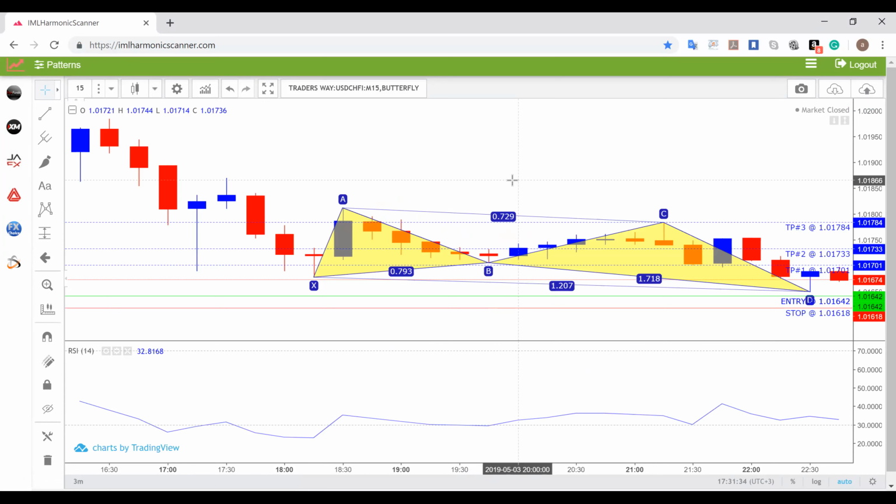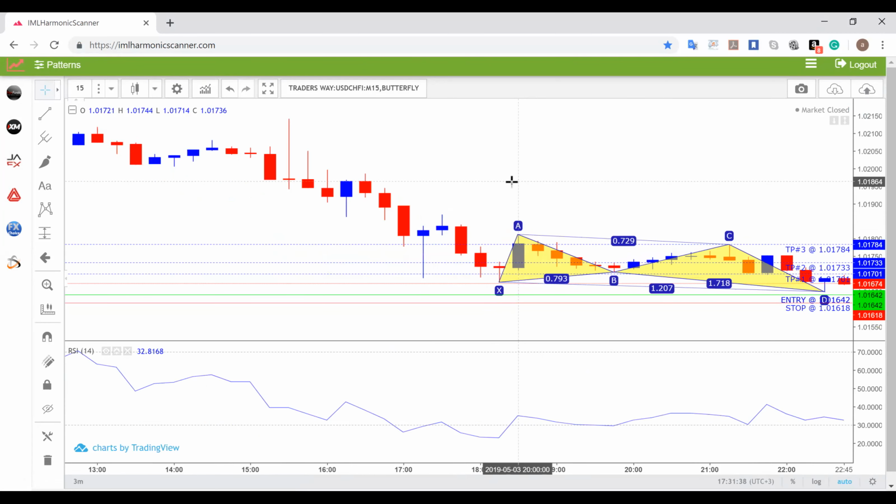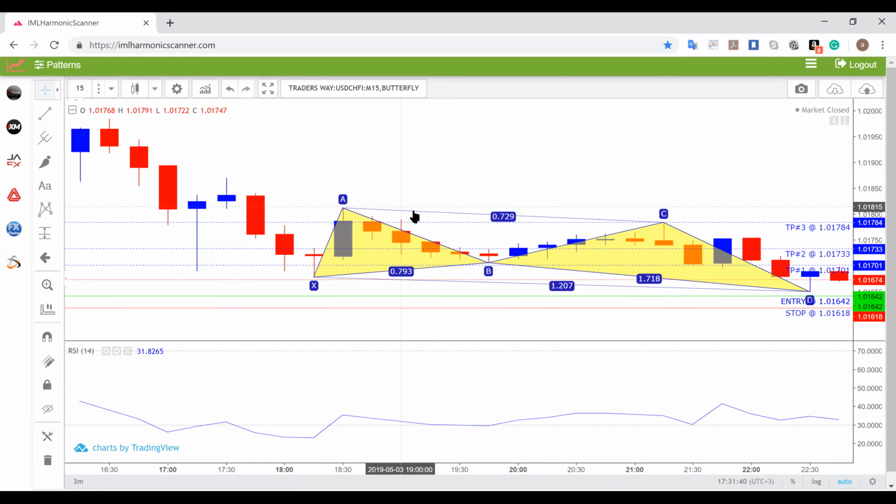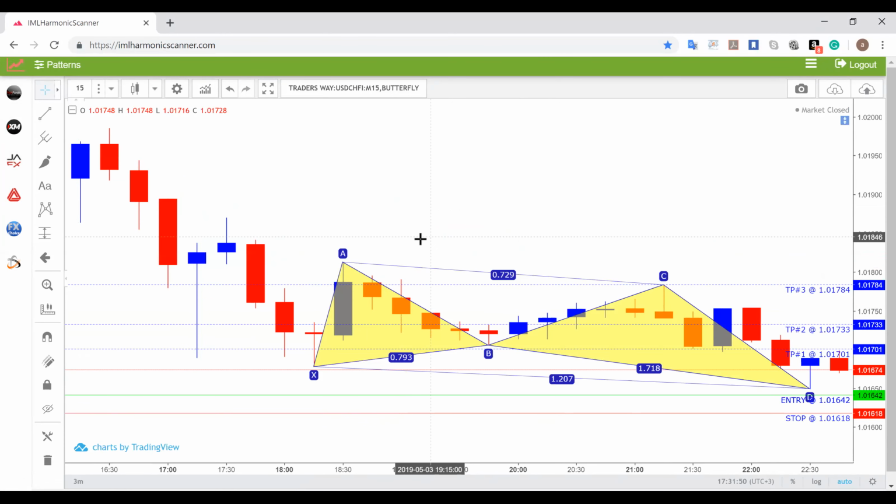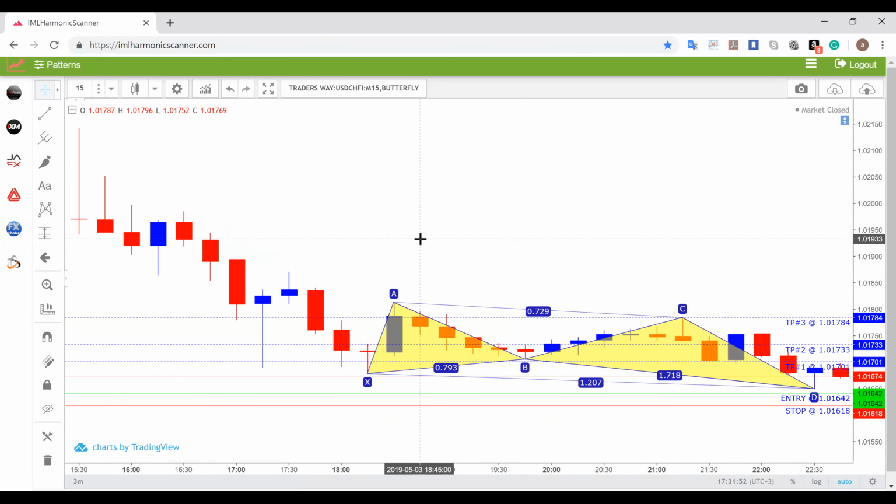One of the first things that I do is, for those of you who are new to the scanner, this is the pattern that it gives you, and this is the RSI. It's an indicator that shows you the relative strength index. Guess what? I don't use it. I don't see the reason that you should be having to use it as well. If you understand these three things, support, resistance, trend lines, and the retest, you really don't need to use any indicator other than the harmonic scanner.